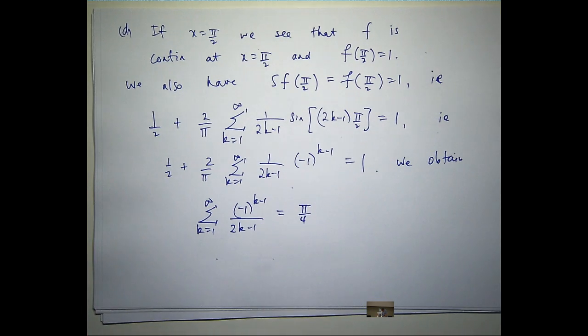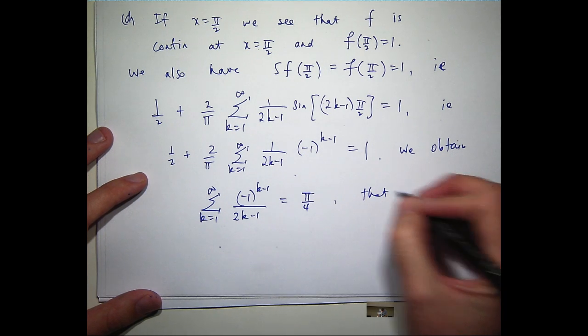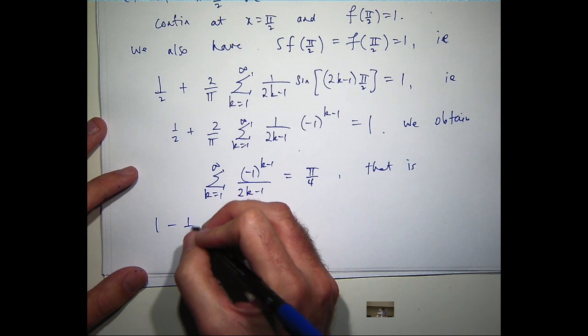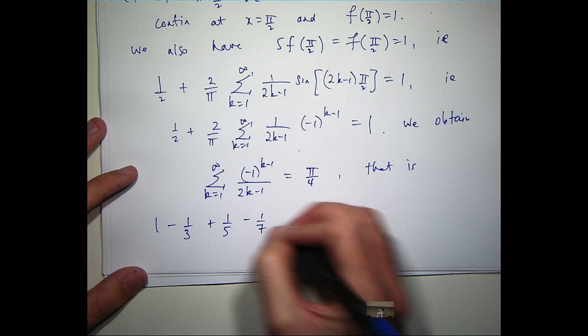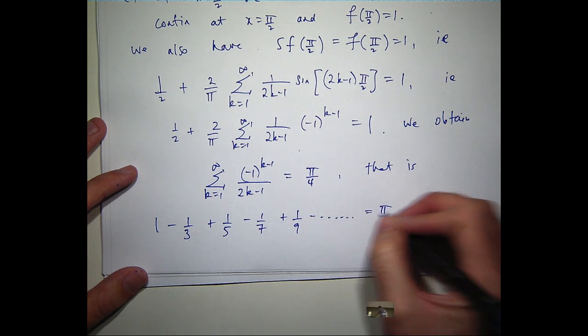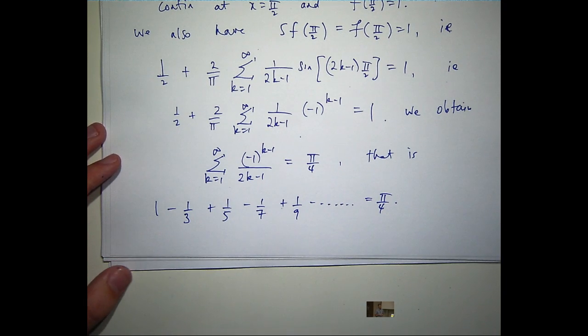So it looks like I've got my series. But what's this left-hand side? Well, let's write out some of the terms. Well, the first term is going to be 1. The second term is going to be minus 1/3, plus 1/5, minus 1/7, plus 1/9, etc. This is a special series. Anybody recognise it?